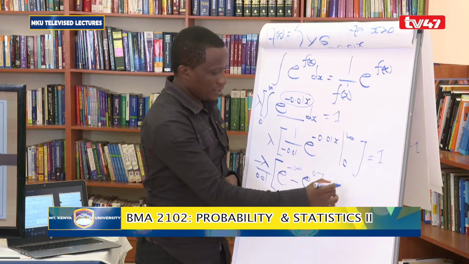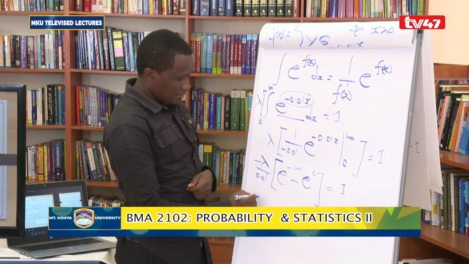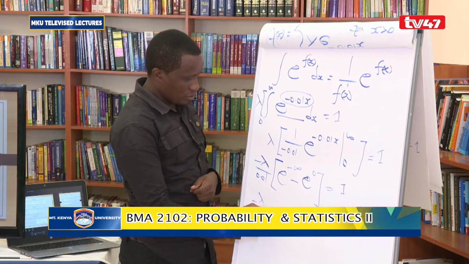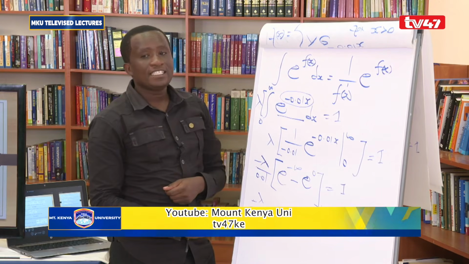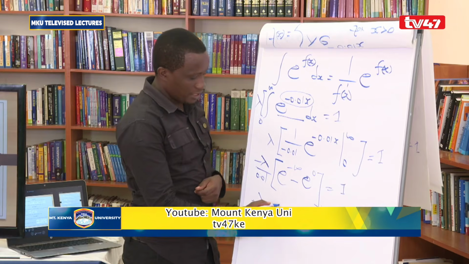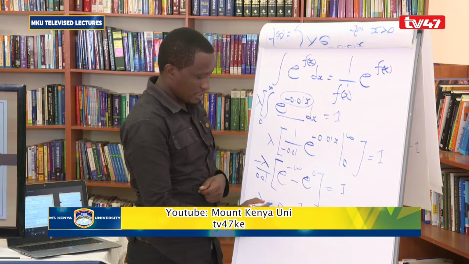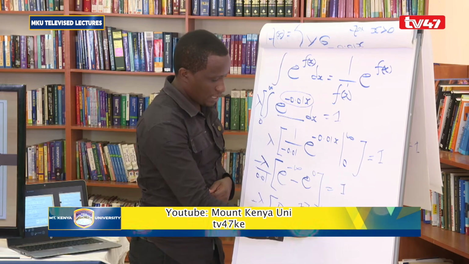So this should give us 1 again. So we have negative lambda all over 0.01 equal to, now the exponential of negative infinity is actually 0, minus the exponential of 0, which is 1.